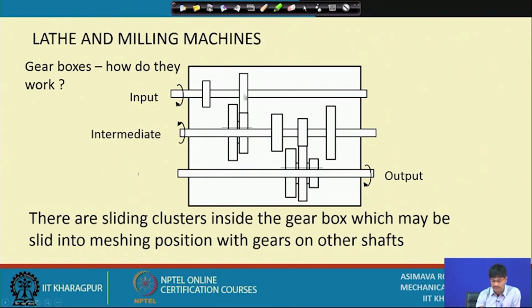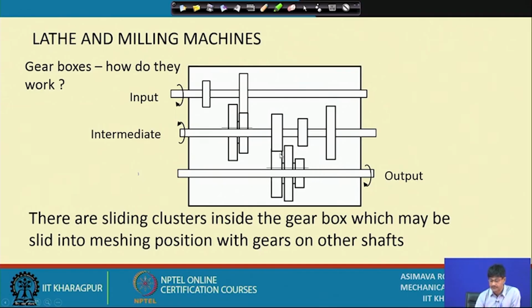These 2 gears will have different teeth ratio, and these 2 gears will have different teeth ratio, and they will give rise to different speeds on the intermediate shaft. On the intermediate shaft, we have 3 more gears, and the same thing is being done by this particular sliding cluster. So, you can have 2 speeds here multiplied by 3 speeds here, so that I can have 6 output speeds here.